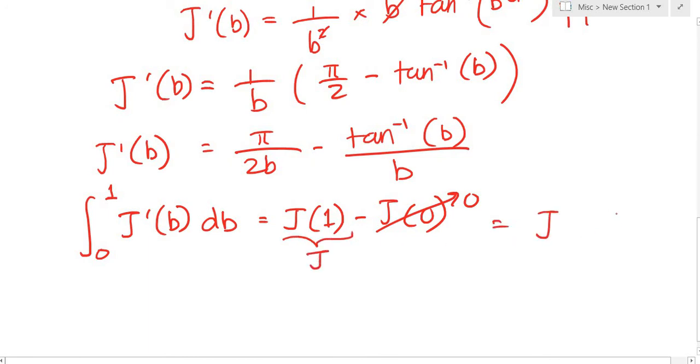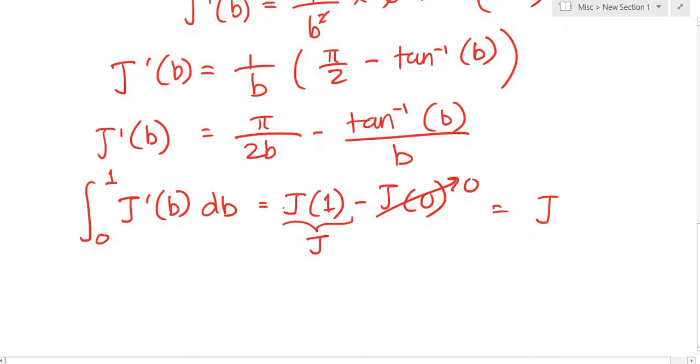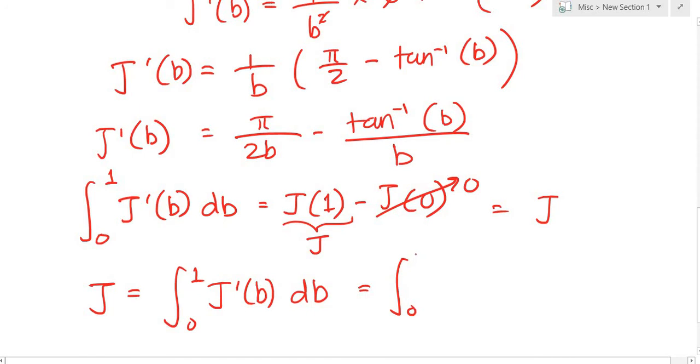So this evaluates to our original j basically. So that's to say that our original j is the integral from 0 to 1 of j prime of b with respect to b. And we have an expression for j prime of b, right? So let's integrate that. So we have the integral from 0 to 1 of pi over 2b db.